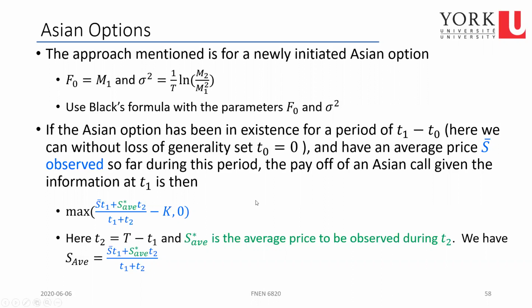But let's say you are 1 month into the 3 months. So there's been 1 month that has gone by, and you have 2 more months to go before the option matures. Because you have observed the stock price for 1 month, you can no longer just use that formula right away, because you have observed an average so far.